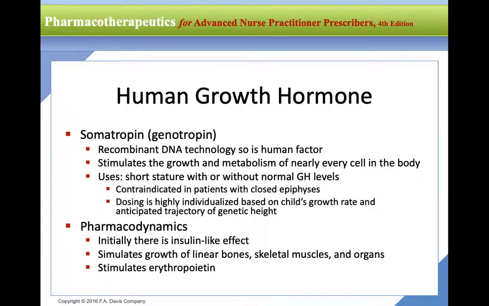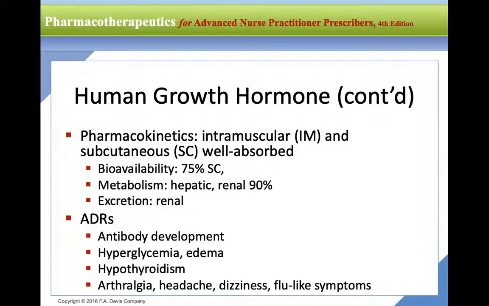It stimulates the growth and metabolism of nearly every cell in the body, and its uses are for people of short stature with or without normal growth hormone levels. It's given IM or subcutaneous. It's pretty well absorbed, and the adverse drug reactions are antibody development, hyperglycemia, hypothyroidism, and then flu-like symptoms.